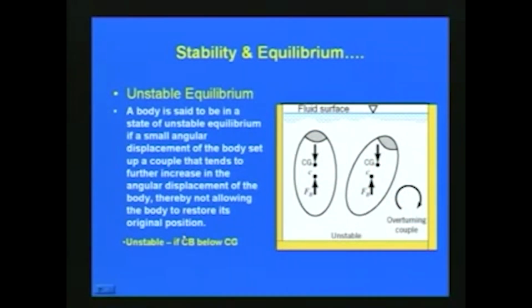A stable equilibrium is when the center of buoyancy is above the center of gravity, and a body is said to be in unstable equilibrium if the center of buoyancy is below the center of gravity, as shown in this figure, so that an overturning couple is formed and the floating body becomes unstable.